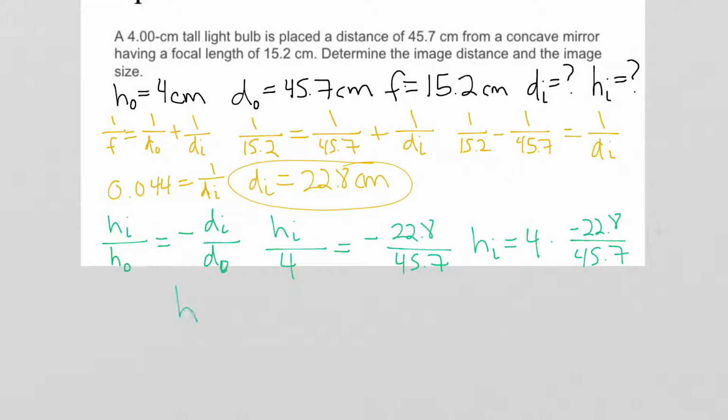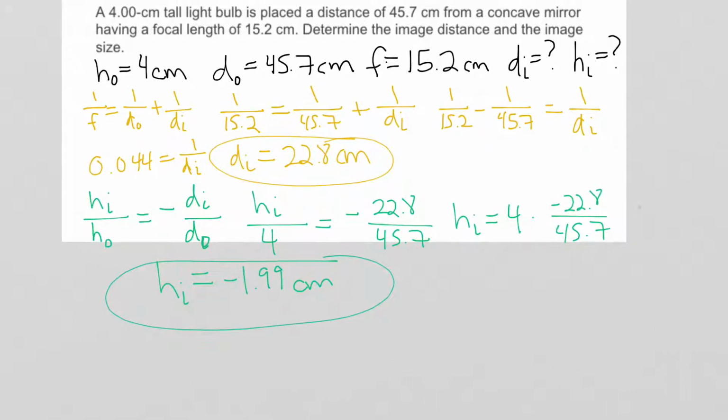Put that into my calculator and I get an image height of negative 1.99 centimeters. Again, because all of my values at the beginning have 3 significant figures, I'm keeping 3 significant figures in both of my answers. Now, what do these mean?